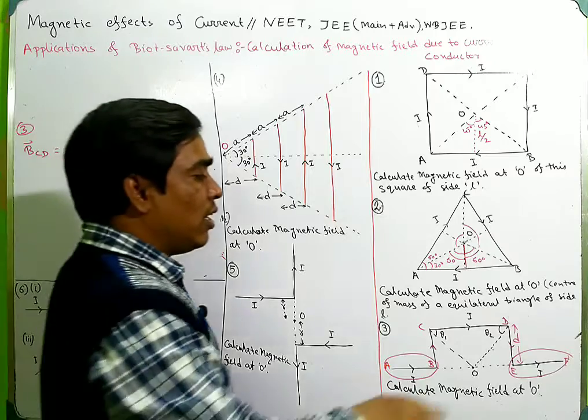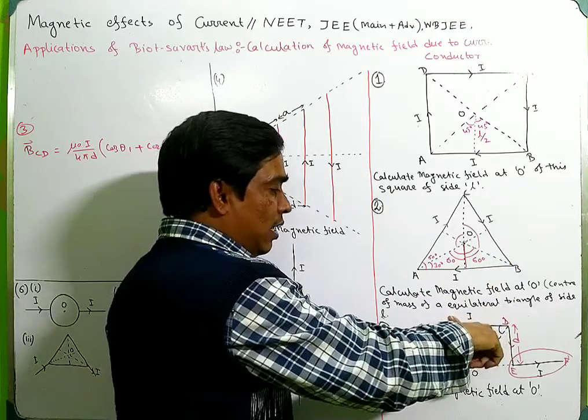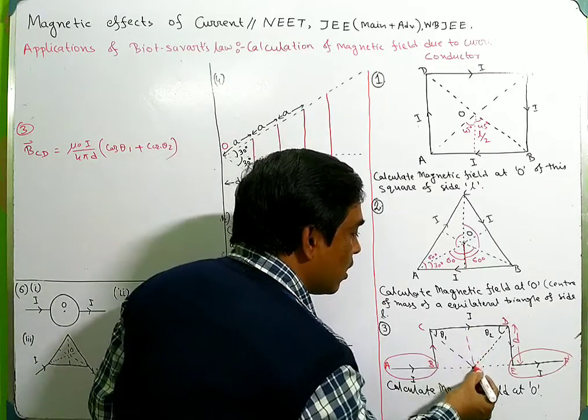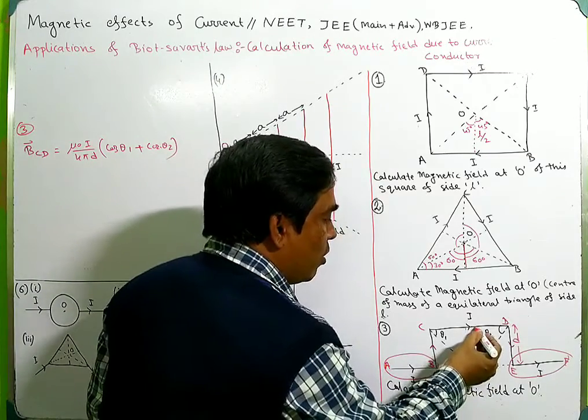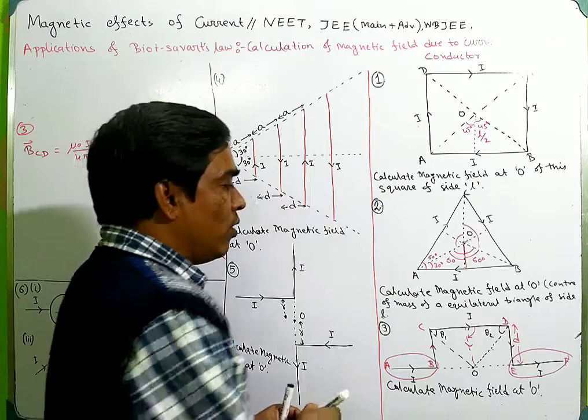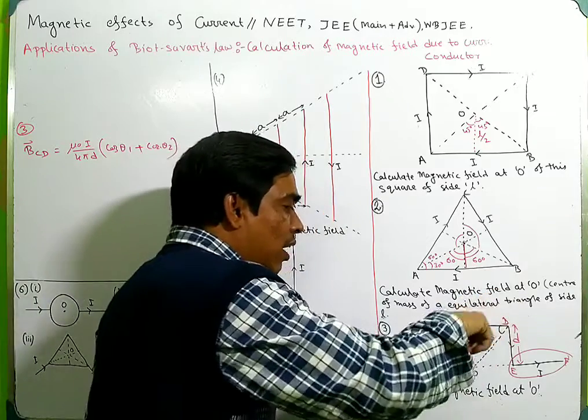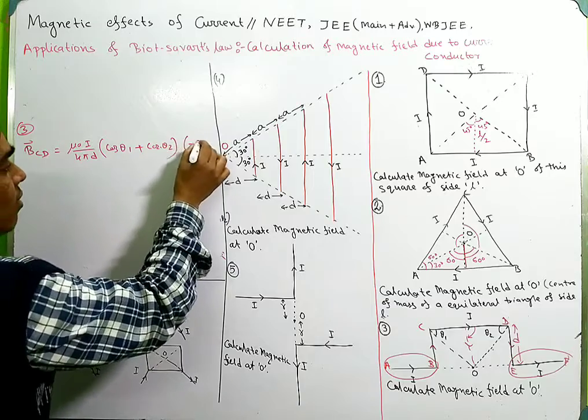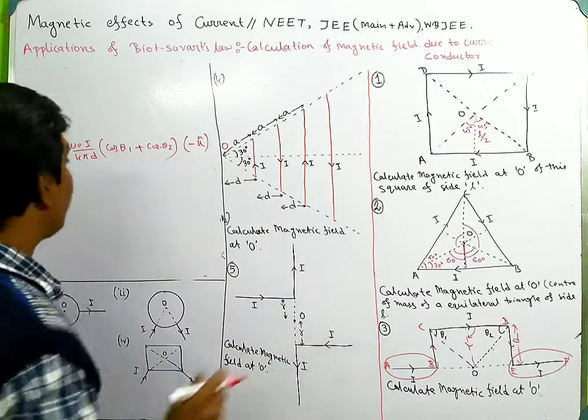So the direction: this is I, D, it will be along this direction. If you calculate the cross product, I cross D or dL cross D, along this direction, that means minus k cap, which means inward.